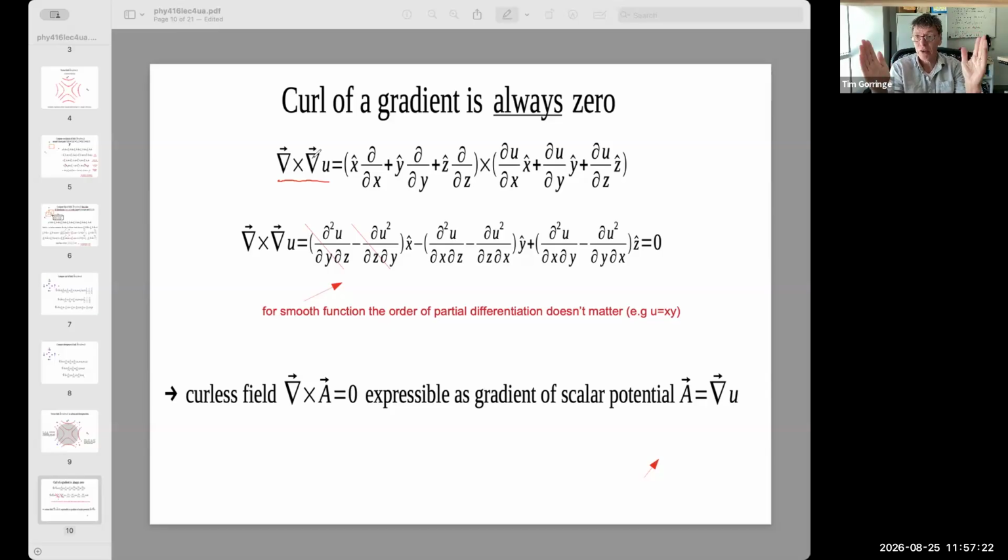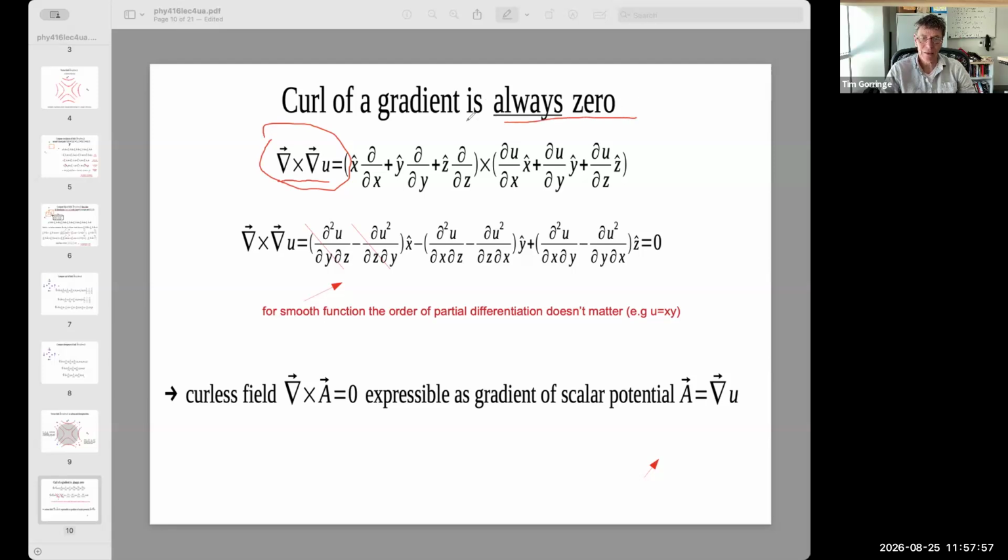And if you take the cross product of parallel vectors, just like x cross x and y cross y, the cross product of parallel vectors is going to be zero. And so I've just reasoned for you that this must be zero because these two vectors on the left and right of the cross product are parallel, and parallel vectors have a zero cross product. So that's a proof that the curl of a gradient is always zero.